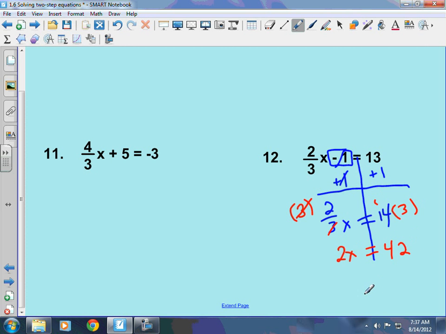So 14 times 3 is 42. I now divide both sides by 2. How many times does 2 go into 42? 21 times. So x equals 21. Okay?